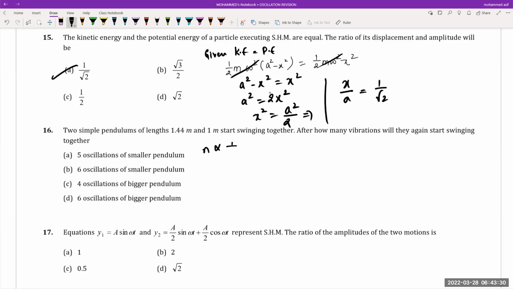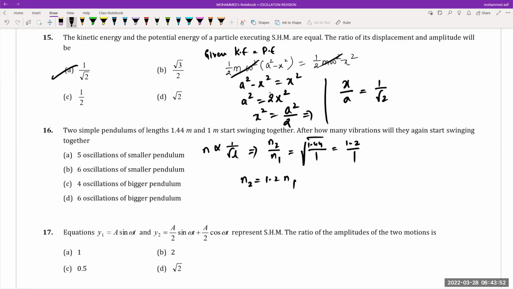Frequency is inversely proportional to root of L बोला था मैंने, है कि नहीं? तो N2 divided by N1 is equal to under root of L1 divided by L2, यानी 1.44 divided by 1, यानी ये बनेगा मेरे को 1.2 divided by 1, यानी N2 is equal to 1.2 times of N1.